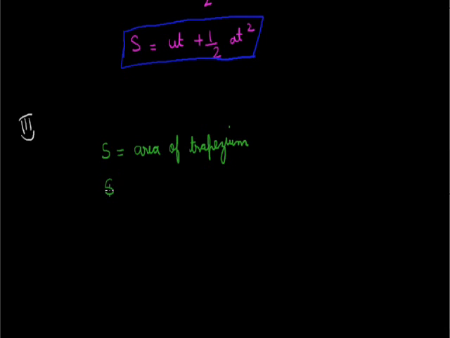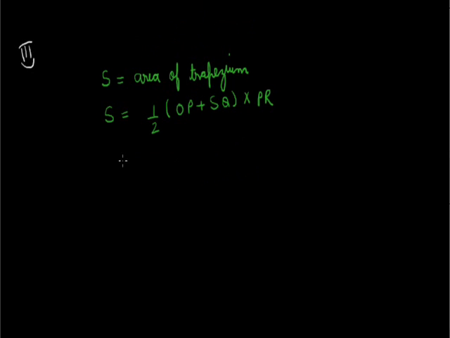So the area of trapezium is equal to half into the sum of parallel sides, that is OP plus SQ, into the distance between them, that is PR. Again substituting the values from the above graph, we get half v plus u into v minus u by a.